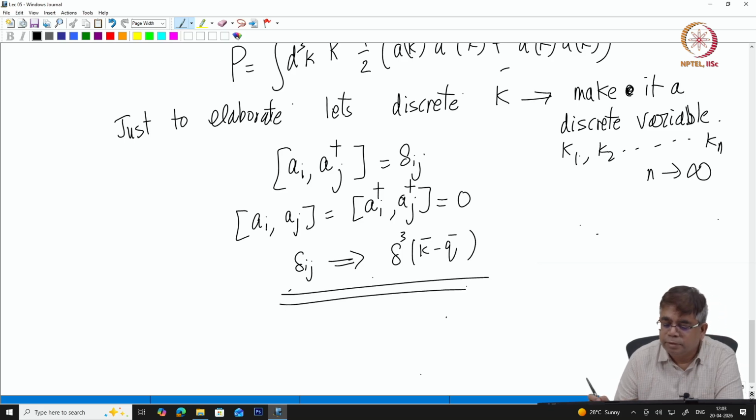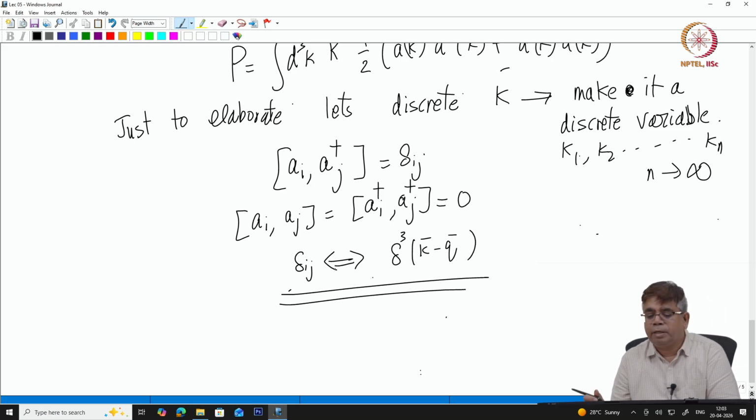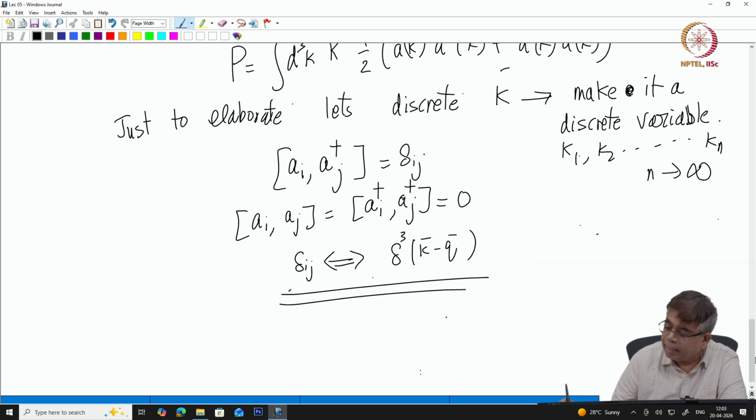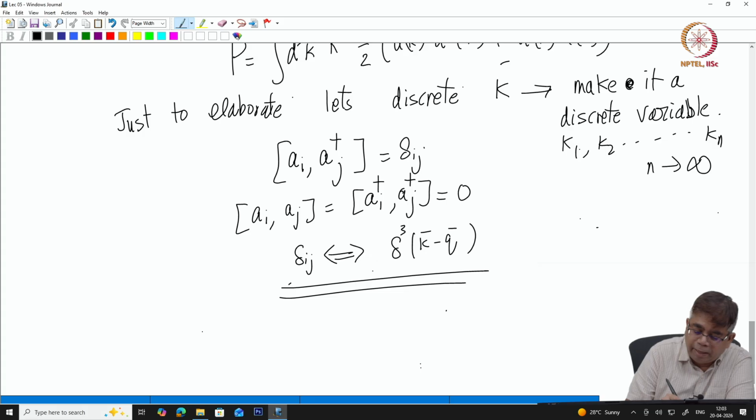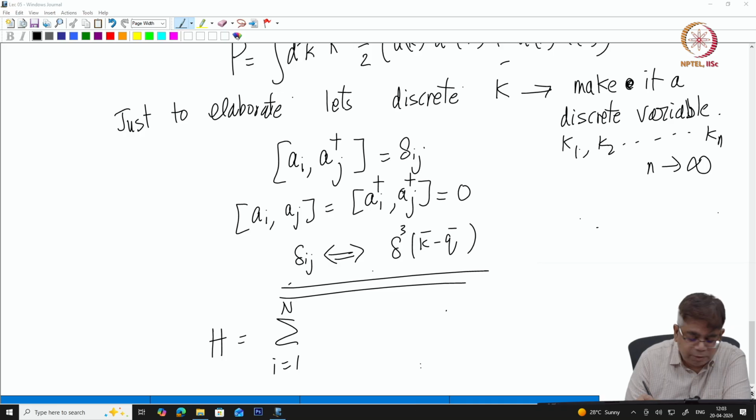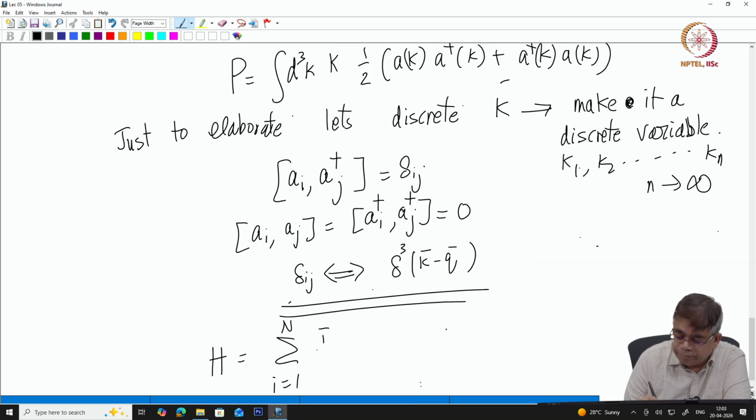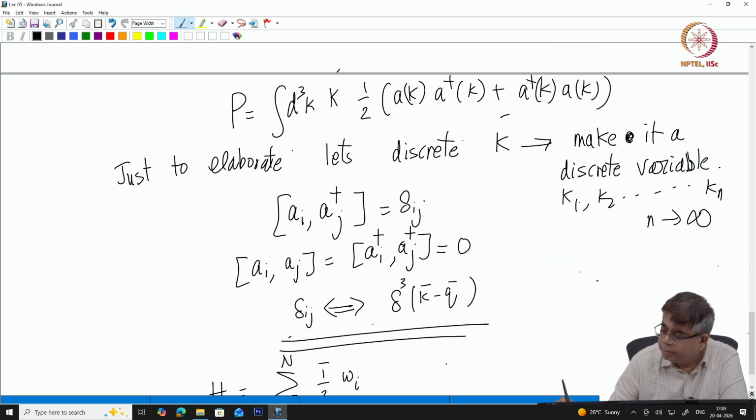So make it a discretized variable and now the system becomes much clearer. The Hamiltonian can be written as the sum over i equals 1 to n, the same thing essentially, 1 by 2 omega, with everything written in terms of i instead of k.